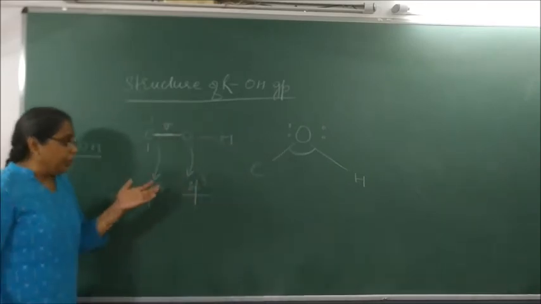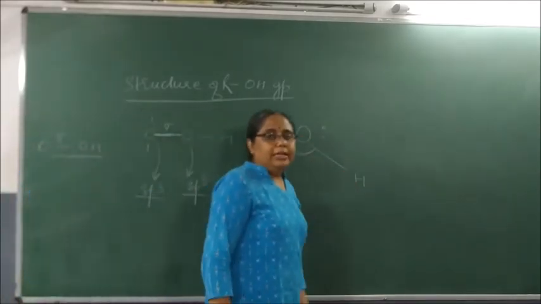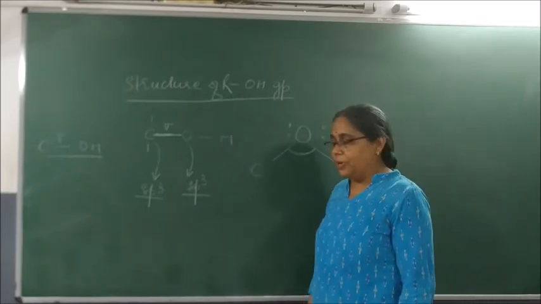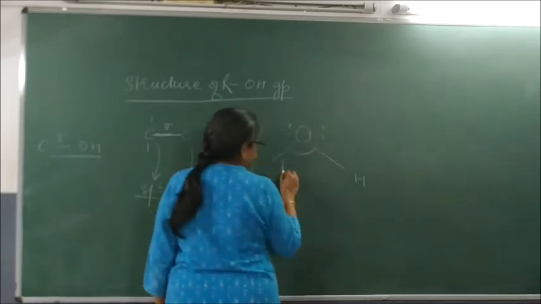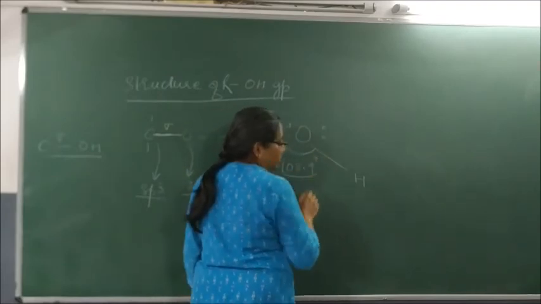Now the second point. What is the normal bond angle in the case of a tetrahedral angle? 109 degrees 28 minutes. Here the angle is 108.9 degrees. Please write.